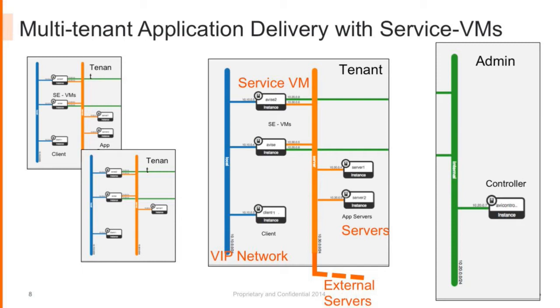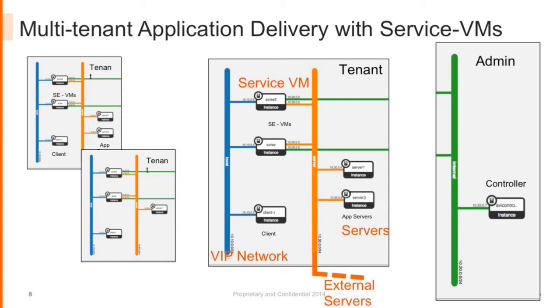So in this example, it's showing where the controller we can instantiate under admin. So this is one specific architecture where the controller is also running as a VM in the OpenStack, and it's sitting in the admin tenant. And then for every tenant who wants the load balancing, we can instantiate service VMs in their context, and that gets accounted to the tenant's resources.